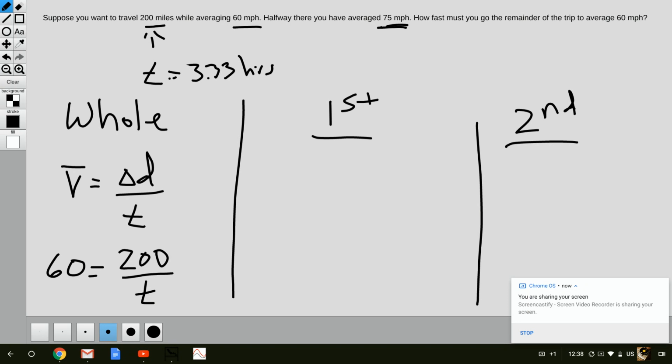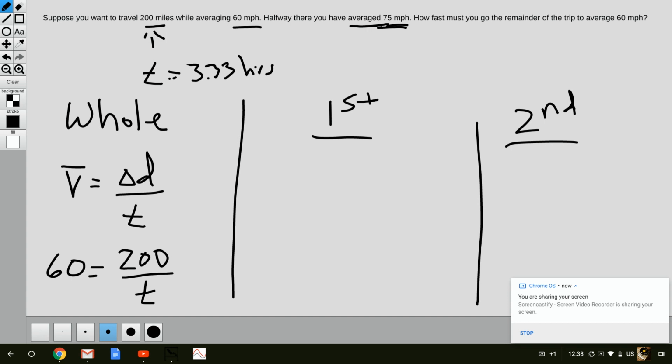The problem with this is that you are averaging averages, and averaging averages does not work. All right, it is incorrect. You cannot average averages. You are allowed to average instantaneous velocities, but not average velocities. These are average velocities. A big clue to that would be it says averaged 75 miles an hour.